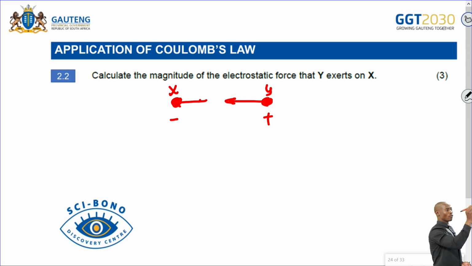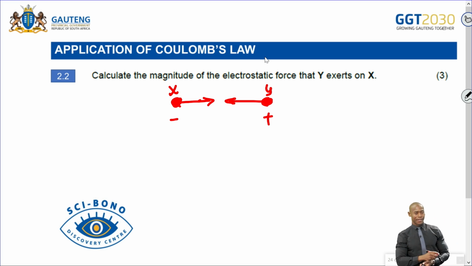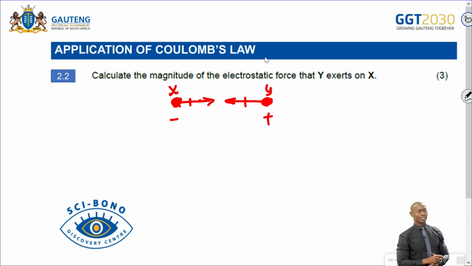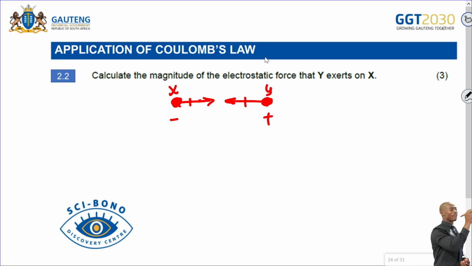This is also going to move towards. So this is the magnitude of the force, and this force and this force are equal in magnitude, right? Remember this is negative.